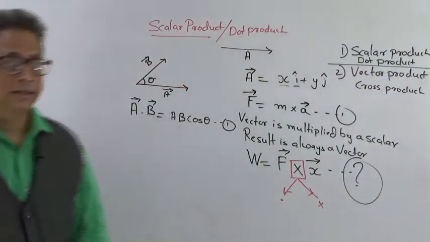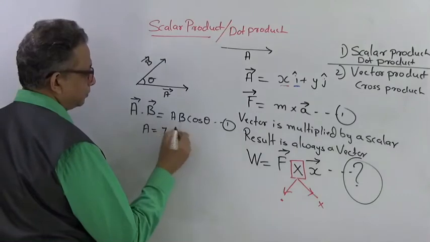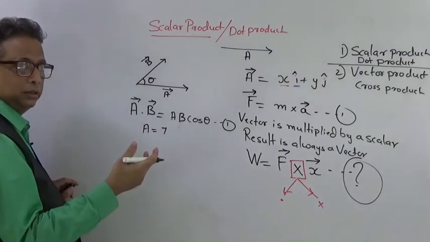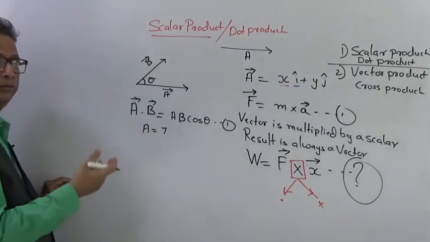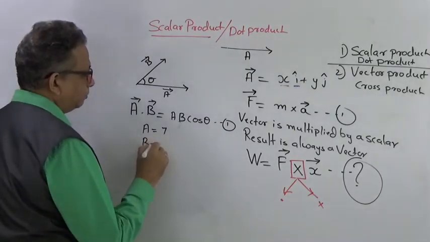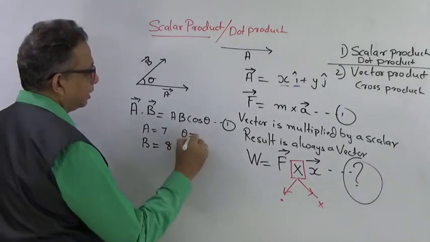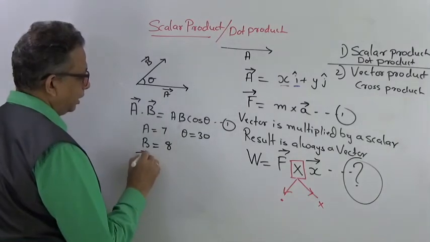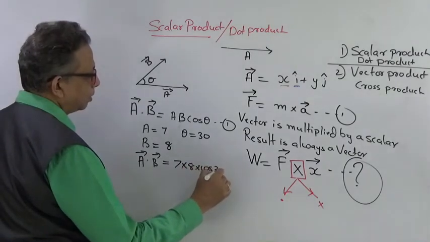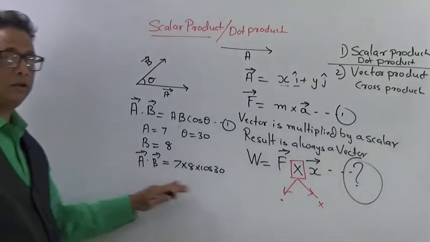So if I say, for example, that vector A is equal to 7, say in terms of force, for example work done, that is force into displacement, and B is equal to 8, this is displacement, and the angle between them theta is equal to 30, then A dot B will be given as 7 into 8 into cos 30. This would be the dot product of vector A dot vector B.